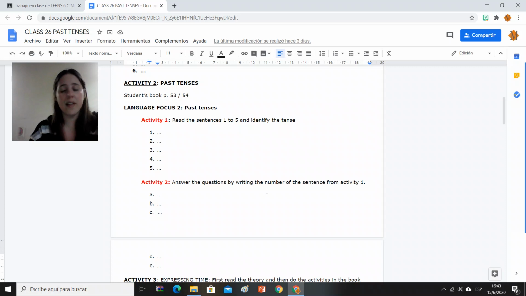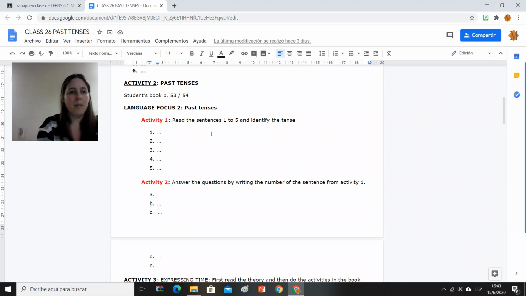So you're going to read sentence 1 and you have a tense underlined. We were sitting. So which tense is that? You're going to write the answer here on the file. You read number 2 and which tense is that? You read number 3, there you have 2 tenses. In number 4, you have 3 tenses. And in number 5, you have 1 tense. So you're going to give me the name of those tenses.